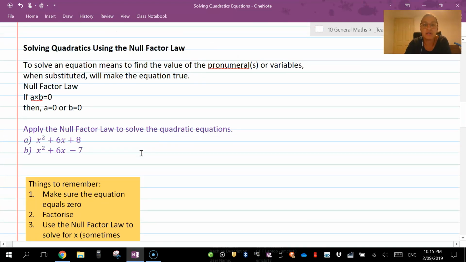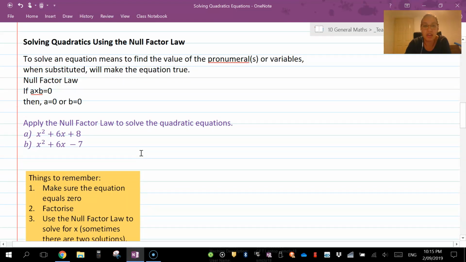So here's solving quadratics using the null factor law. If you have two numbers and you don't know what they are, a times b, and they equal 0, because that's what we're finding out. Remember, we're looking for when y equals 0, so we can find the x. Now, a or b has to be 0, or both.